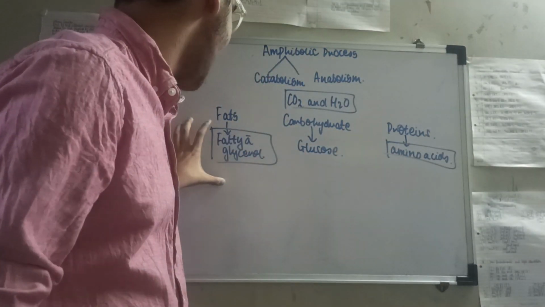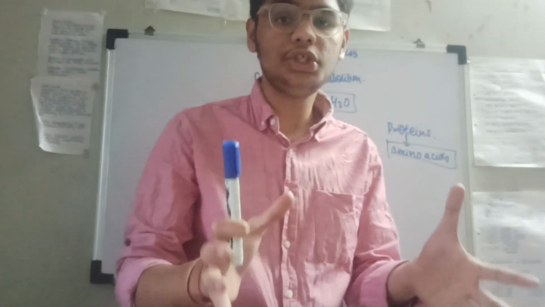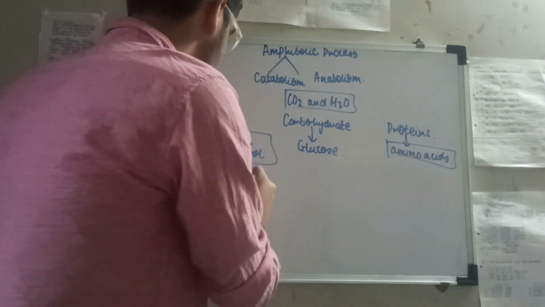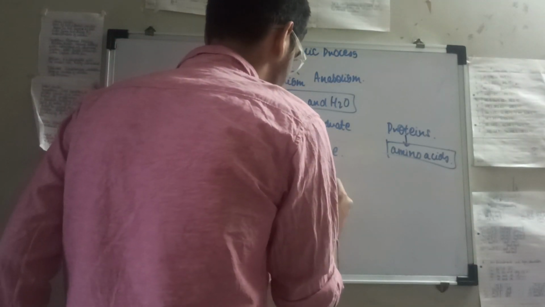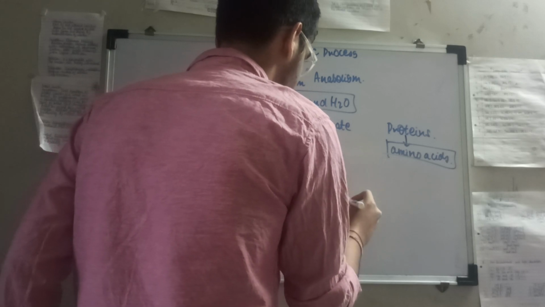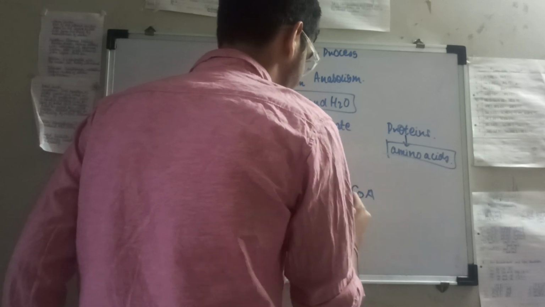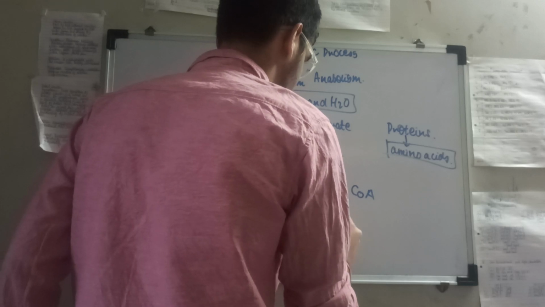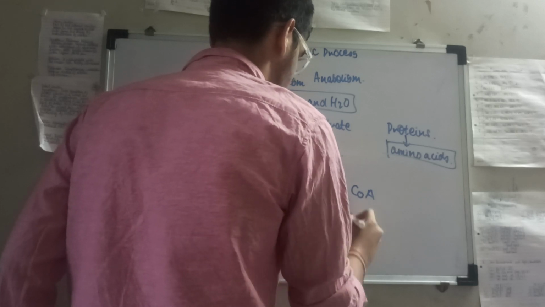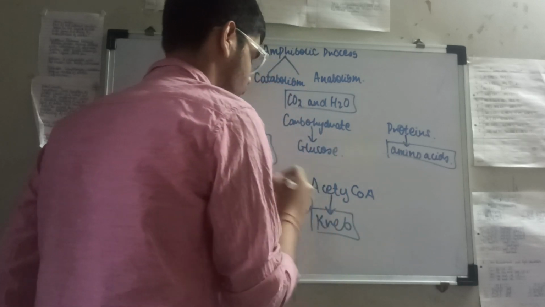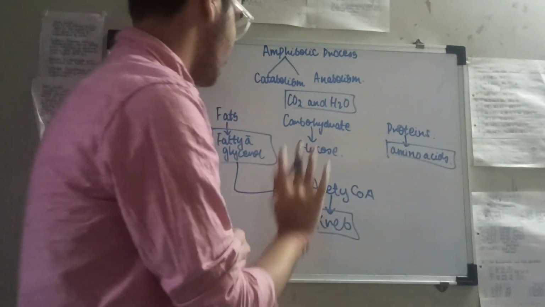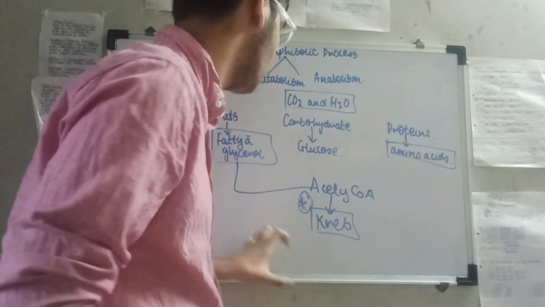So by beta oxidation we have to somehow come to the product acetyl CoA, and then fatty acids can enter the Krebs cycle. This NCERT gives us information about this.